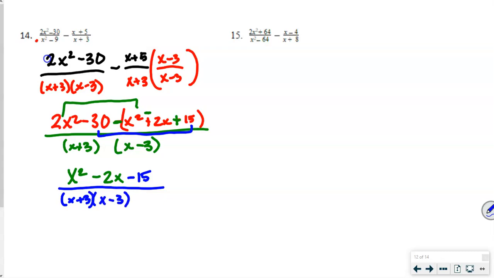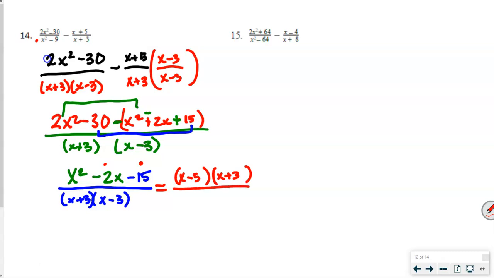So what we want to do here again is factor our numerator and see if there's anything in there that can cancel out, okay? So that's going to be equal to, if I can get my pen to work, there we go. What are the factors of negative 15 that add up to be negative 2? So wouldn't that be x minus 5, x plus 3?